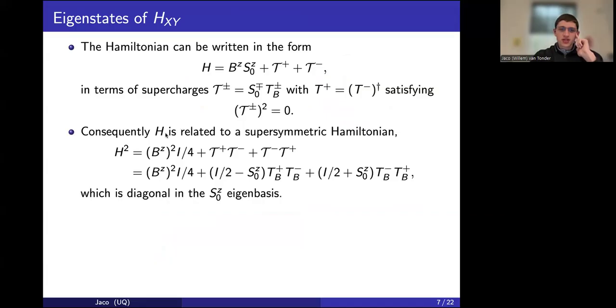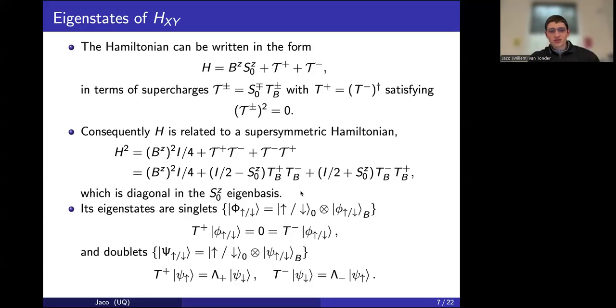Then if we square the Hamiltonian, up to a constant shift, it will just be equal to a supersymmetric Hamiltonian. And from the specific form of these supercharges, these will just be diagonal in the central spin Z eigenbasis.